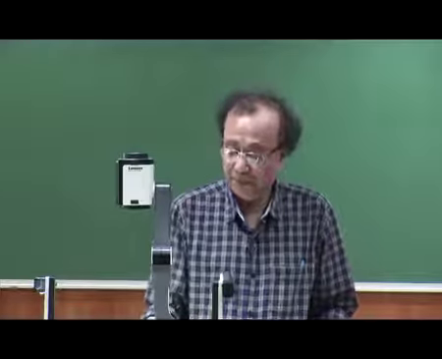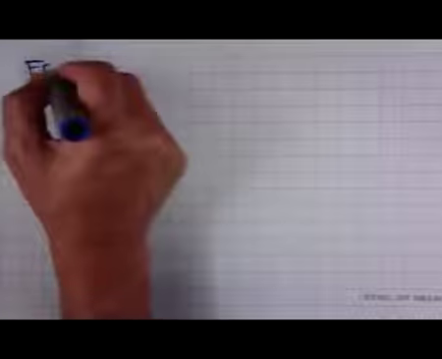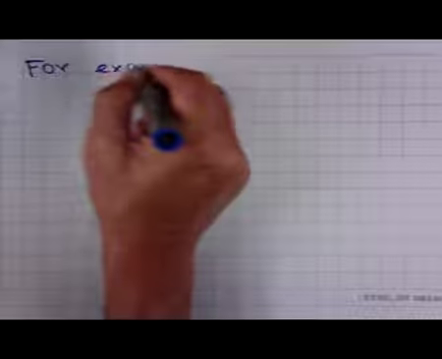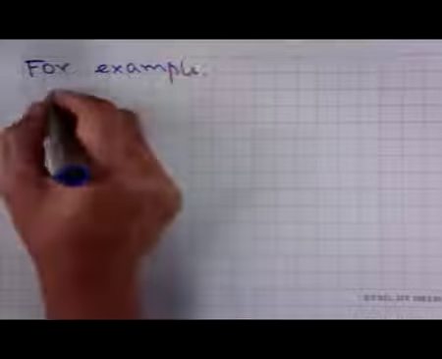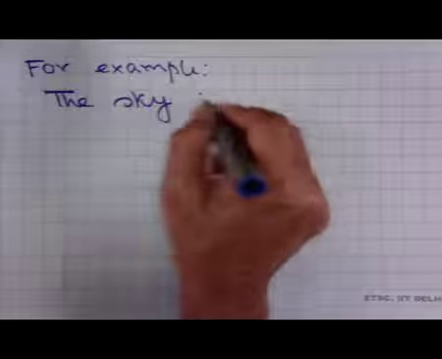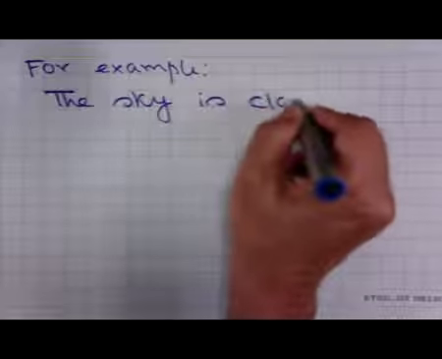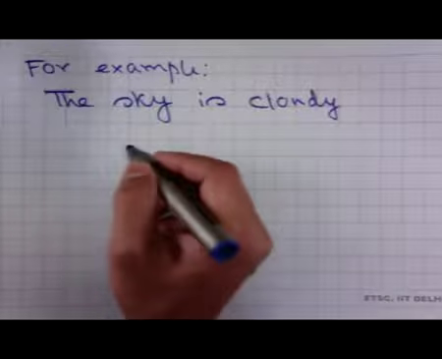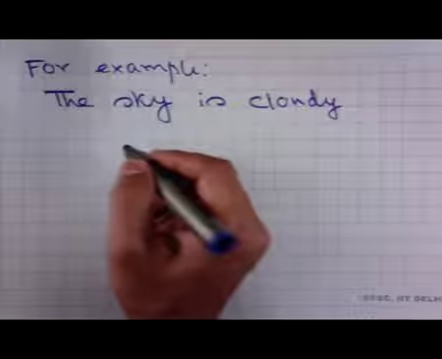Say for example, let me take: the sky is cloudy. It may be correct, it may be wrong.